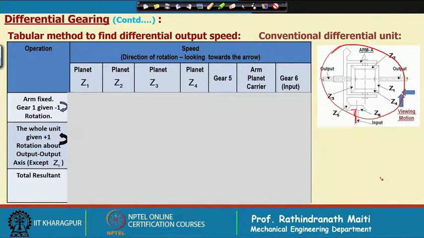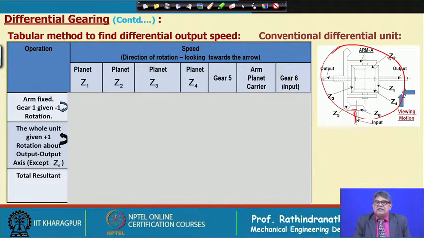With this bevel gear, there is an arm on which there are 4 bevel pinions. Looking at the sketch, Z2 is equal to Z4 and Z1 is equal to Z3. We have the pinions Z1, Z2, Z3 and Z4 meshing with each other, and Z2 and Z4 are mounted on the arm.